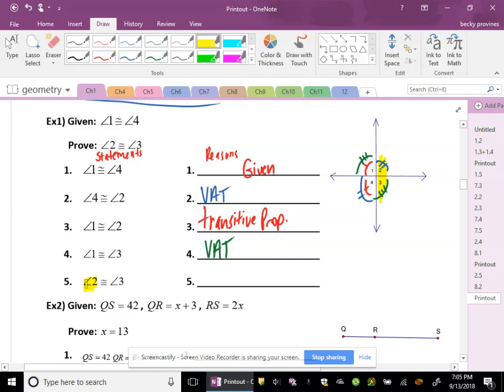So step number 5, I have an angle 2 and angle 3. Do I see that in previous steps? Well, right above it, I see an angle 3. And the step above that, I have an angle 2. Now, do those two equations have anything in common? Sure, they both have an angle 1 in common. So, guys, this is the same thing as before. This, again, is the transitive property.